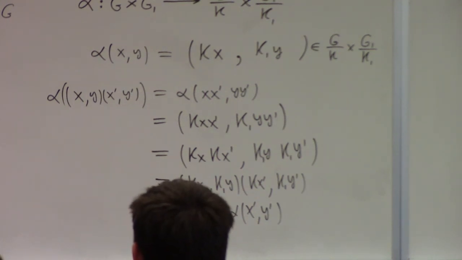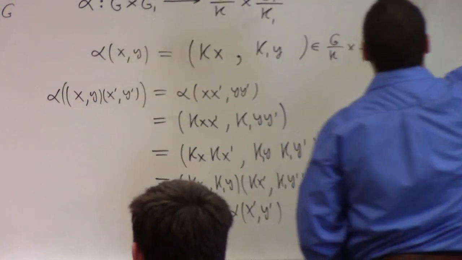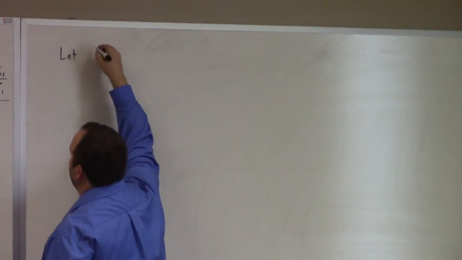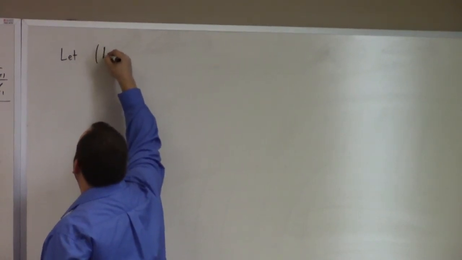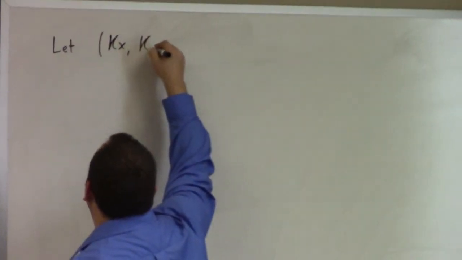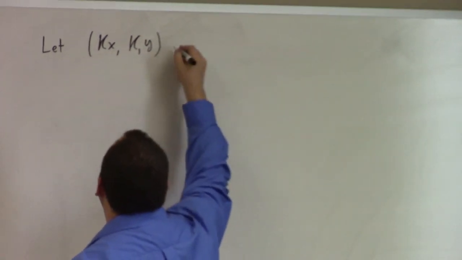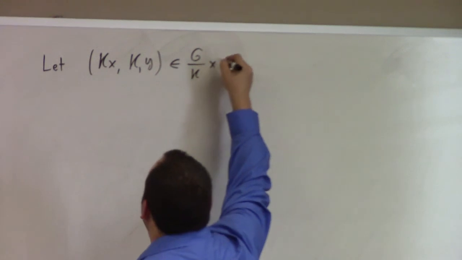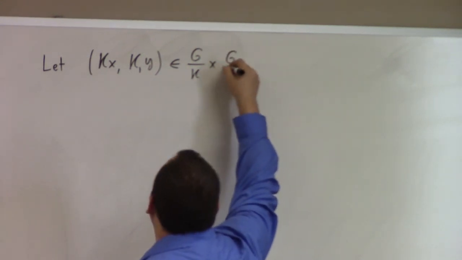All right. Is it onto? Here, I'll pick a point in the codomain. How about kx, k1y? That's an element of the codomain. And can you guys tell me, this is really hard, what maps to that?